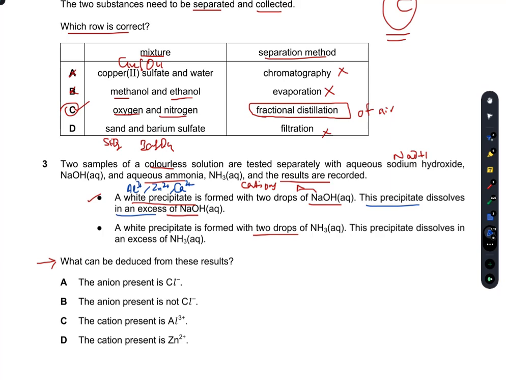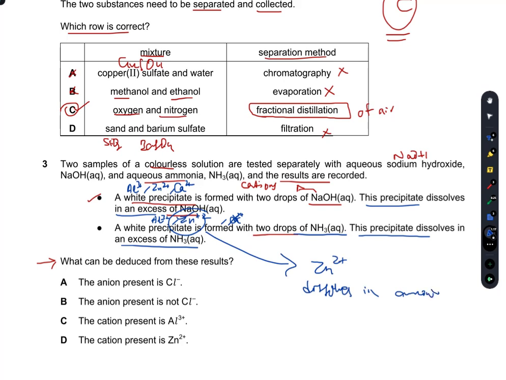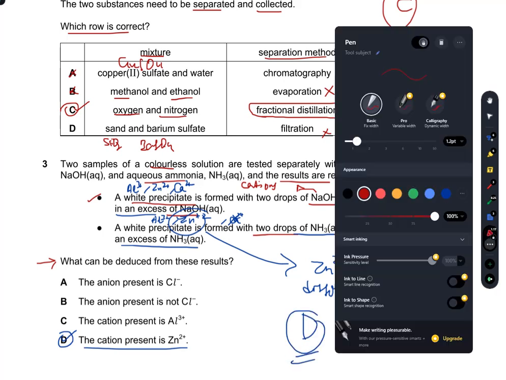In the second one, on the addition of aqueous ammonia, aluminium and zinc will form a white precipitate, but calcium won't. So we can rule out calcium, and then this precipitate dissolves in an excess of ammonia. So only zinc dissolves in an excess of ammonia. So the D option, the cation present is Zn²⁺. D would be your right answer.